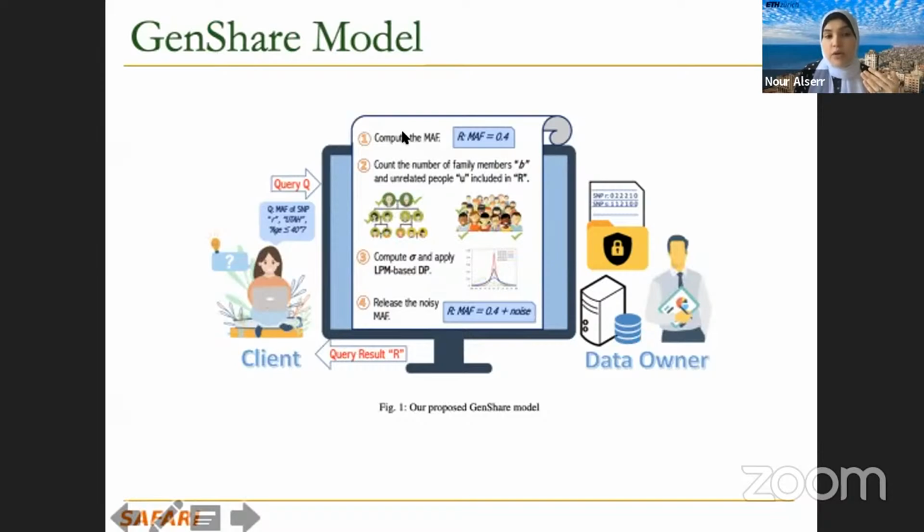Let's say we want to compute the MAF. The data owner will check how many family members and how many unrelated participants are included in the query result.